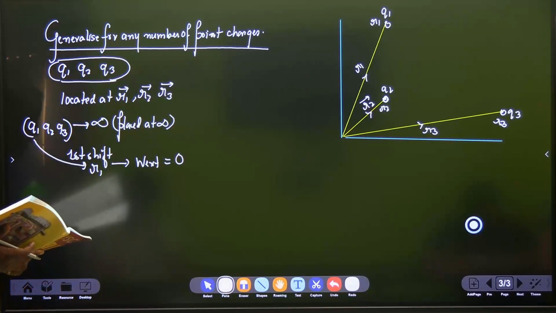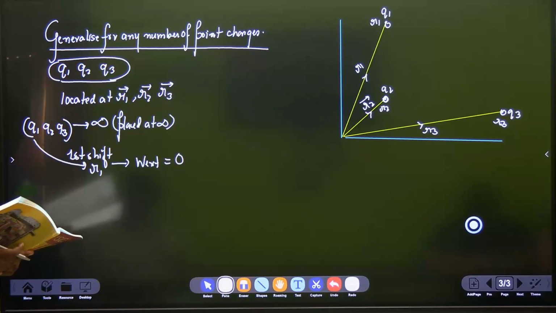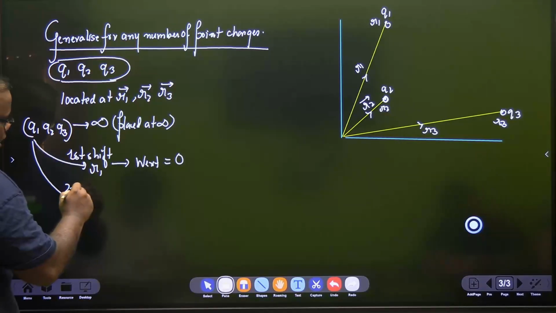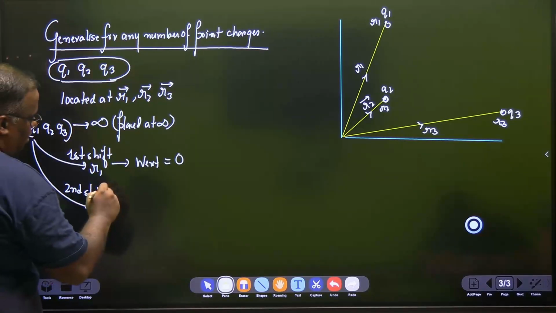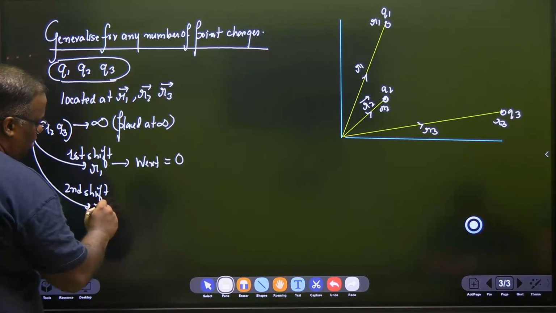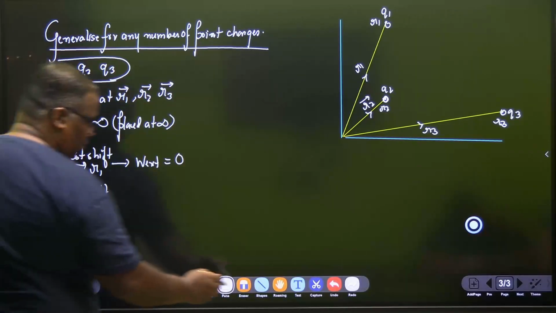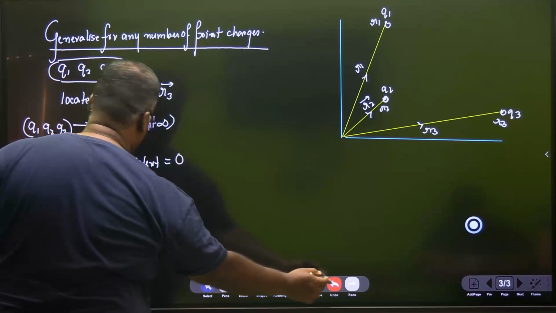You are doing 0 work done, and next you bring the second shift. The second shift is to R2, and whom are you shifting? One minute, one thing wrong happened.